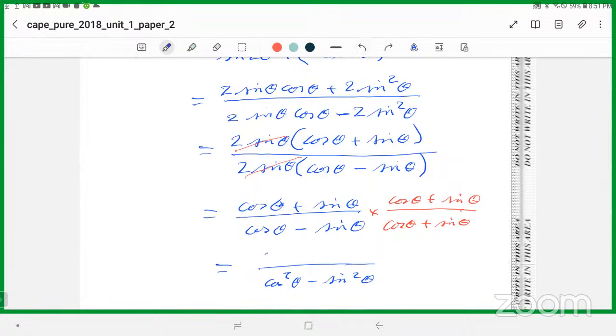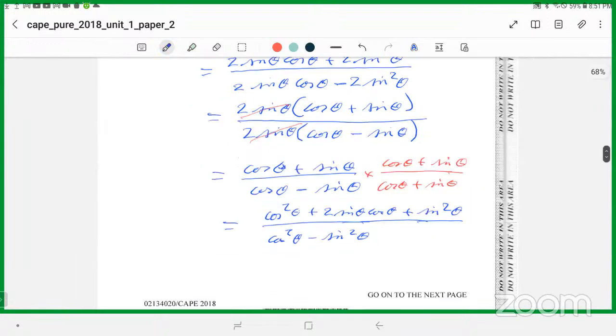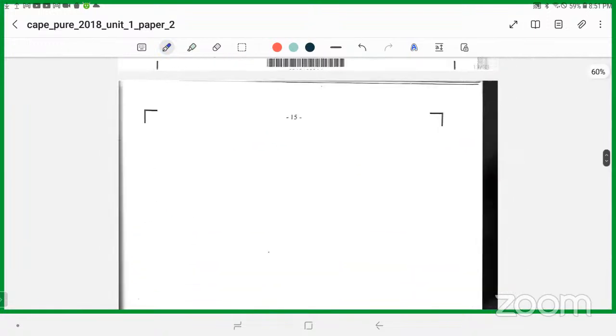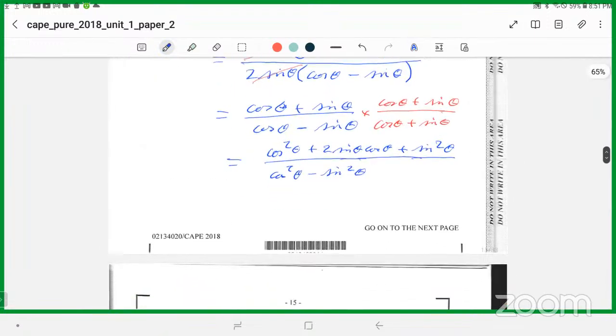It is cos squared theta, that's the first term squared, then twice the product of the 2, plus 2 sine theta cos theta, and the second term squared is plus sine squared theta. So you know, there's a lot of work needed.